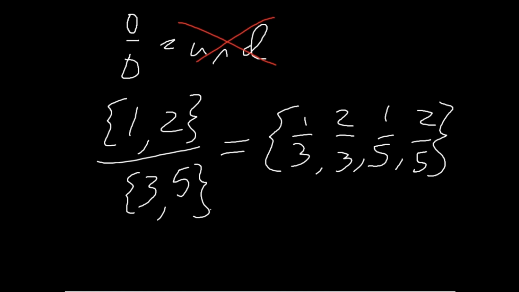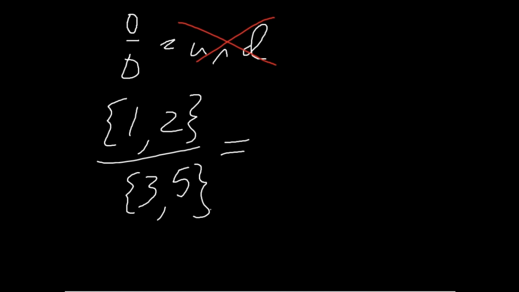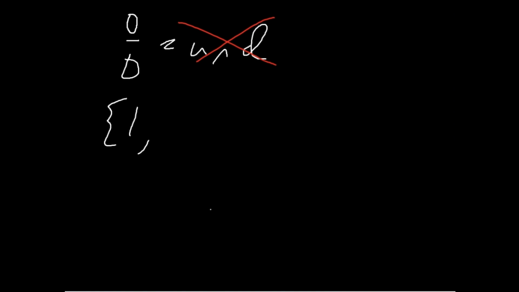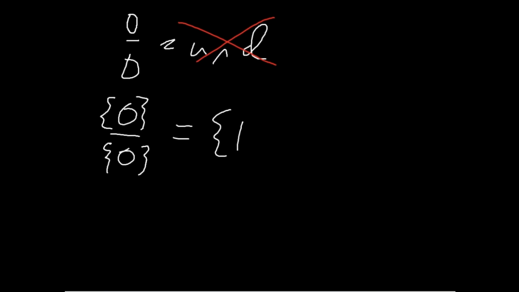So what can we do with this? What happens when we extend what we're doing? Well, we know that 0 divided by 0, I guess we could notate it like this, right? So we've got the set with just the 0 element divided by the set with just the 0 element. This gives us the set of reals.